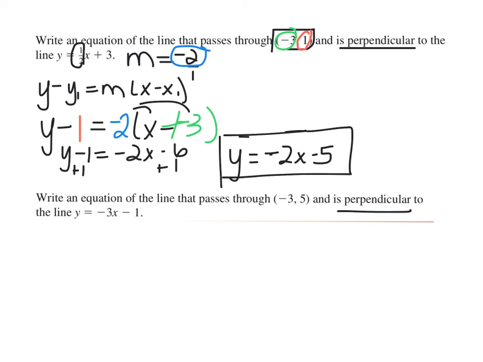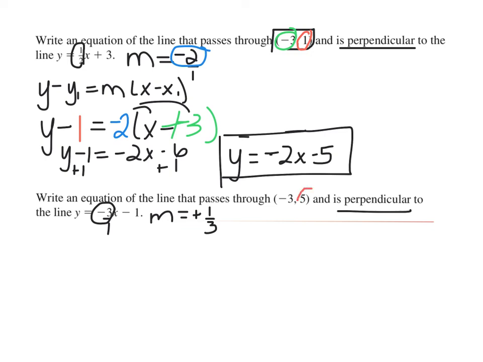Again, we're looking at perpendicular. So the slope here is negative 3. So the opposite slope is going to be positive, and the reciprocal of 3 over 1 is going to be 1/3. So we have m is positive 1/3. And then, let's see, what do we got here?